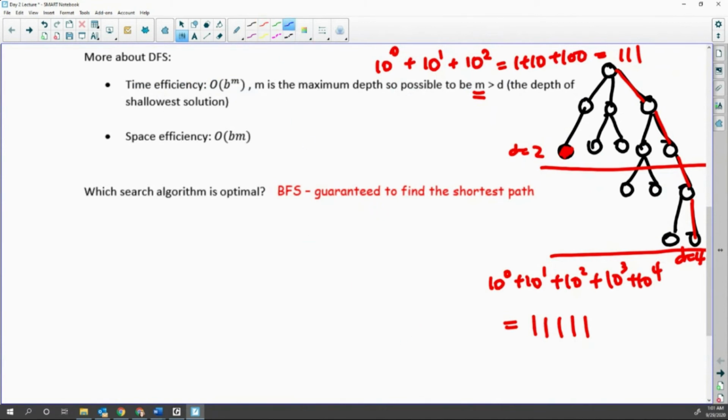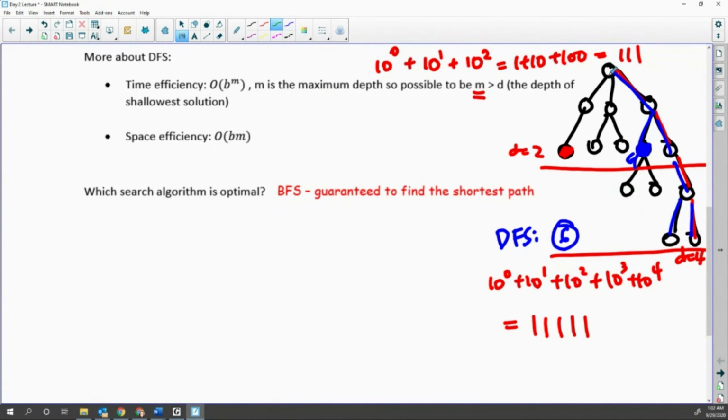On average, if my goal is like this, so far here, if this is the new goal, DFS is searching only 1, 2, 3, 4, 5, 6. Six nodes will be searched when the goal is in the blue with DFS. How about with BFS?